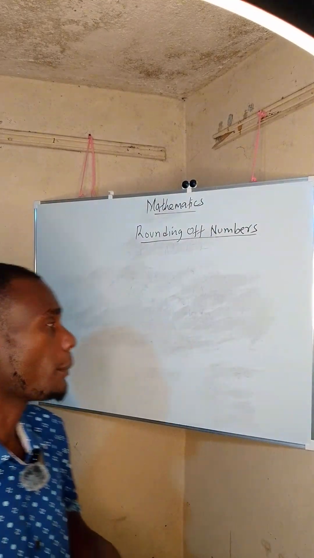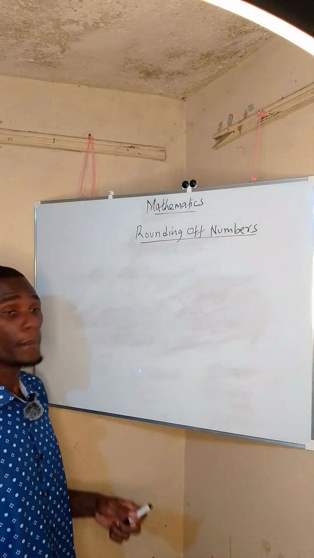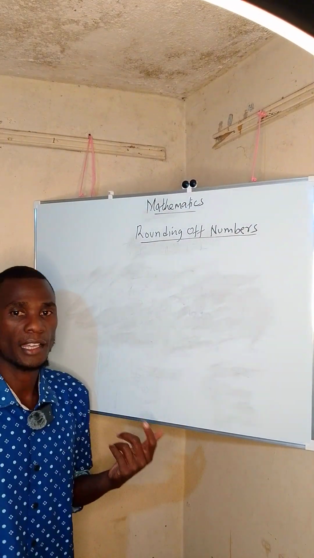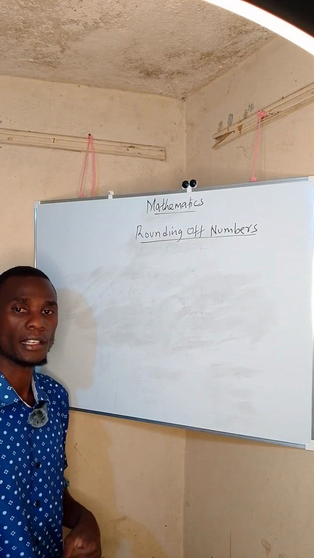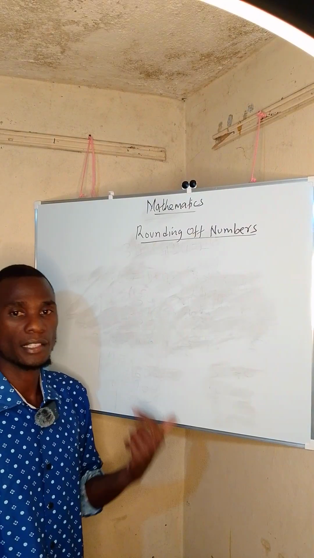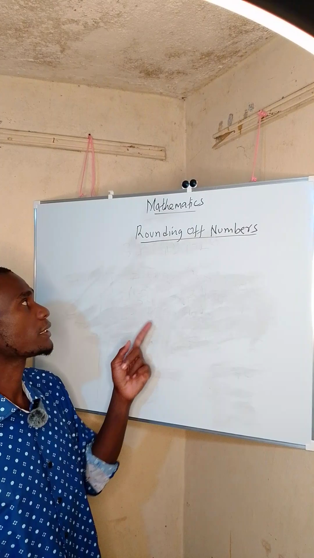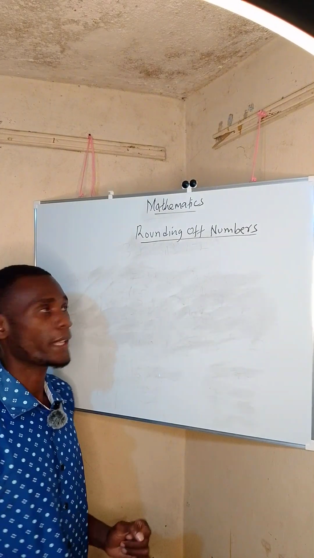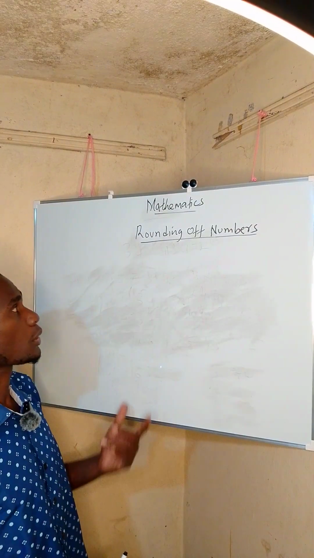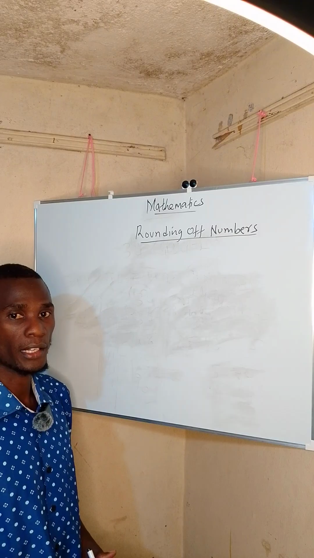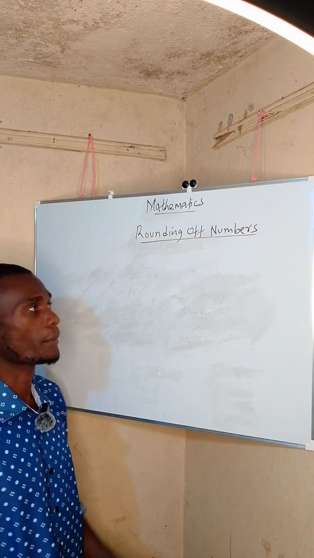Now, rounding off numbers, being that these learners are just from grade 3, this is the first stage where this substrand is met. So rounding off is found in grade 4 for the first time.